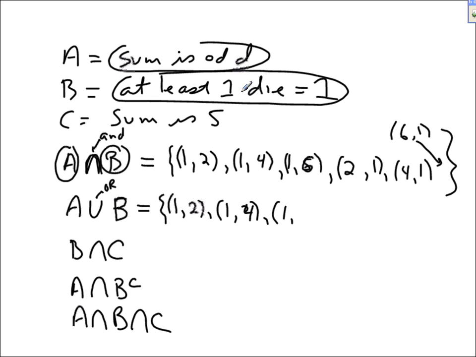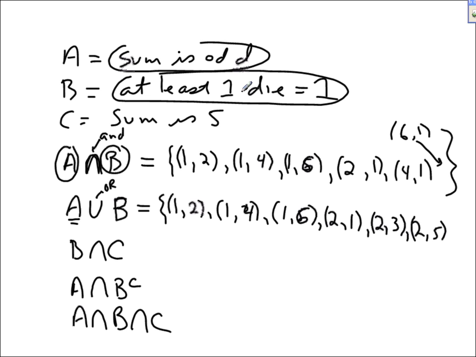I'm just doing A right now. The sum is odd. 1 with the, not a 5. 1 with the 6. Now, you can have a 2 with the 1, or 2 first. Or a 2 with the 3. That adds up to 5. Or a 2 with the 5. You can't have a 2 with the 4. That wouldn't add up to an odd.